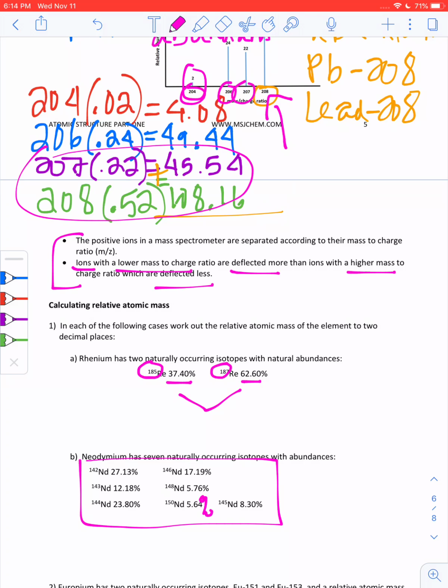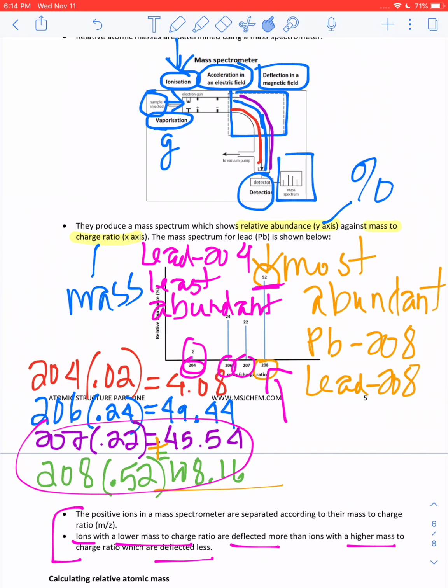And so that's what we kind of see on the readout of this graph, or from this machine. So for example, on the lines that I drew right here, the purple deflected the least, and so that would probably be the heaviest. The red deflected the most. That one would probably be the lightest on this one.